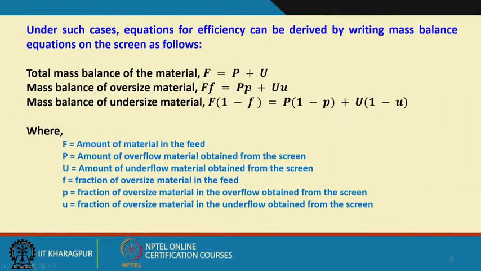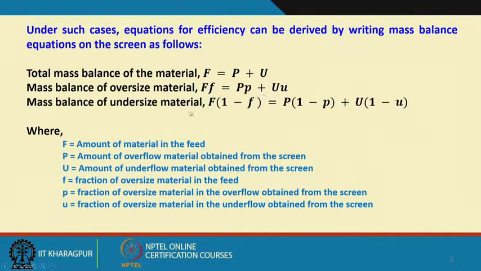Capital U is what percentage of total feed has been reported to the undersized fraction, and in that undersized fraction, small u is what fraction is the plus 5 millimeter particle.